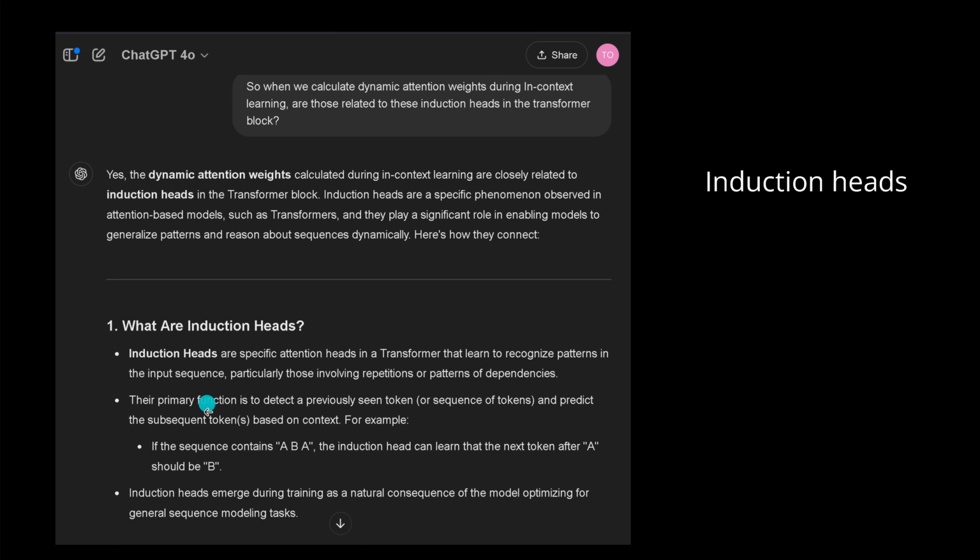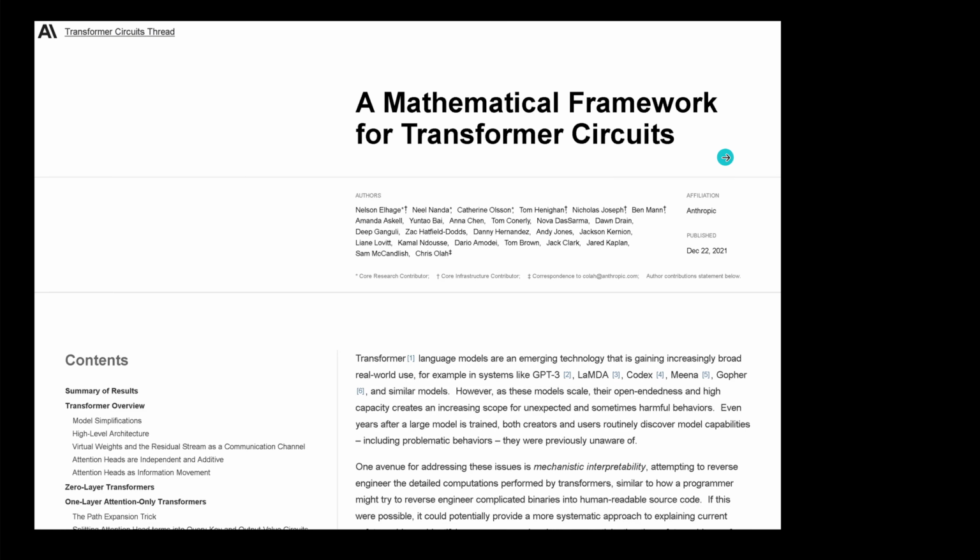So let's go. A sequence contains A, B, A, and the induction head is now the particular special head in your transformer architecture that can learn that the next token after this should be maybe a B. And this induction head emerged during training as a natural consequence of the model trying to optimize for general sequence modeling tasks in context learning.